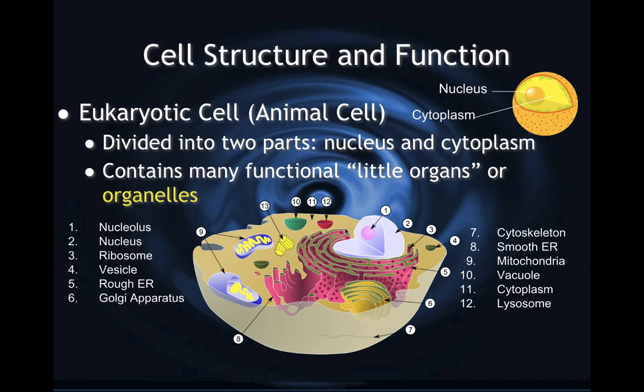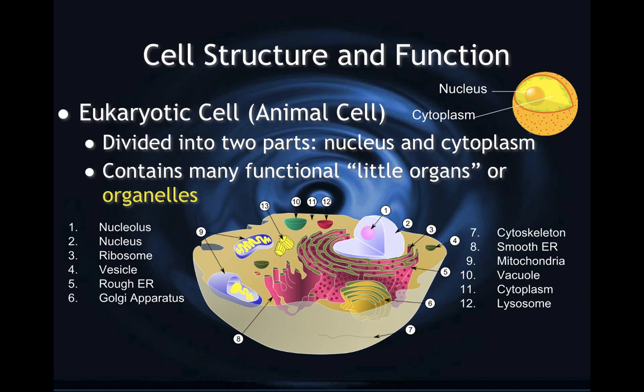Okay. Inside, so number 1 here, we have the nucleus of the cell. And inside that, we have the nucleolus. And the nucleolus's job is to help build ribosomes. Number 2 is the nucleus of the cell, where the genetic information is stored, the DNA.